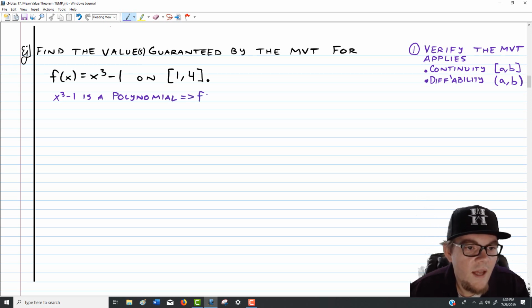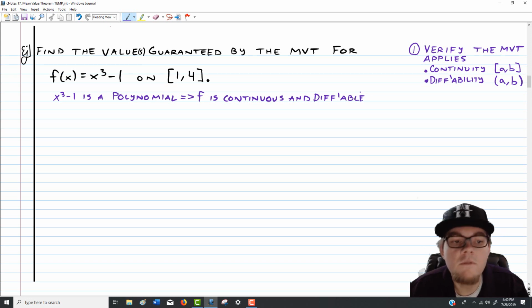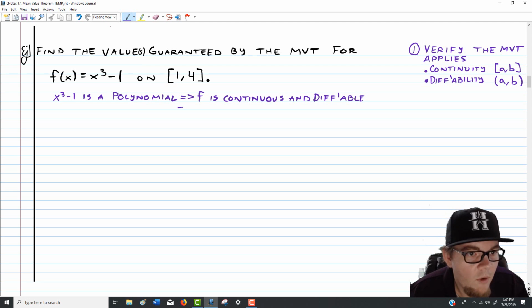So that tells us that f is continuous and differentiable. We could say on 1 to 4, but really this is, by definition, a continuous and differentiable function. In other words, at all x values in its domain, which is all real x values, this function is continuous and differentiable.